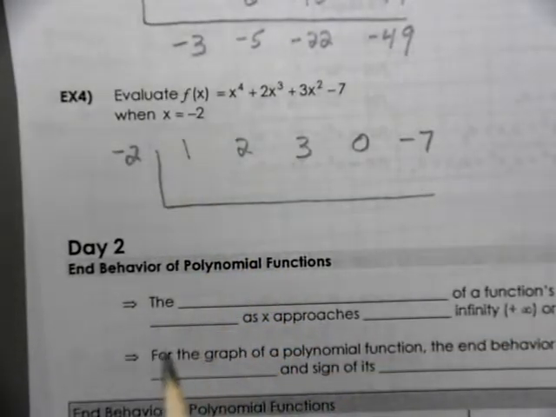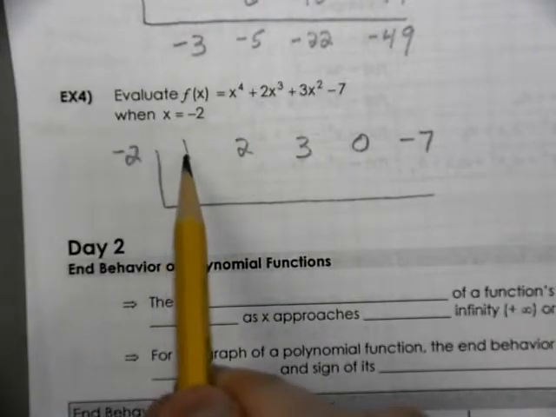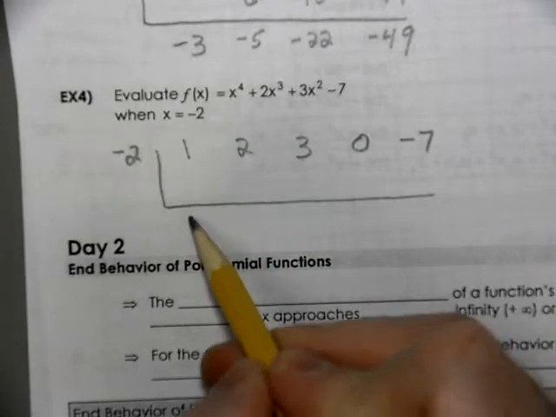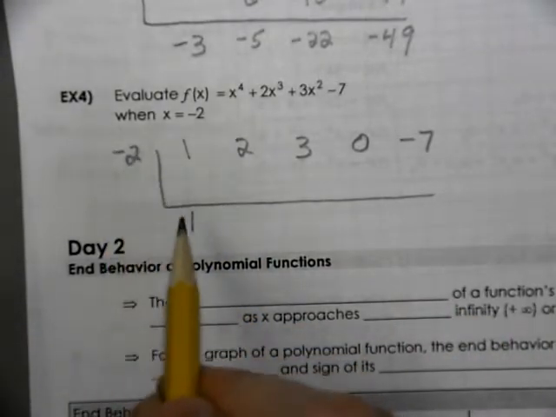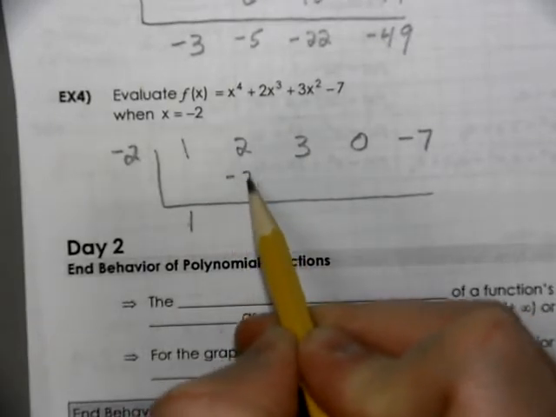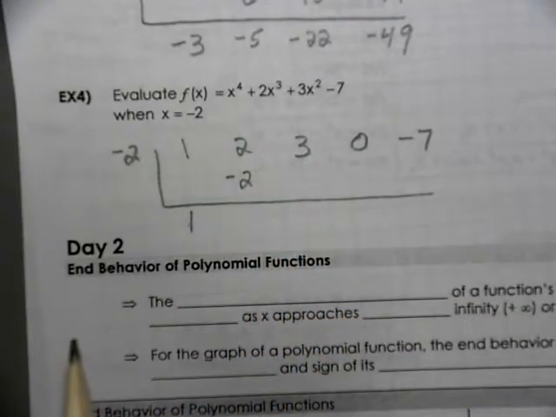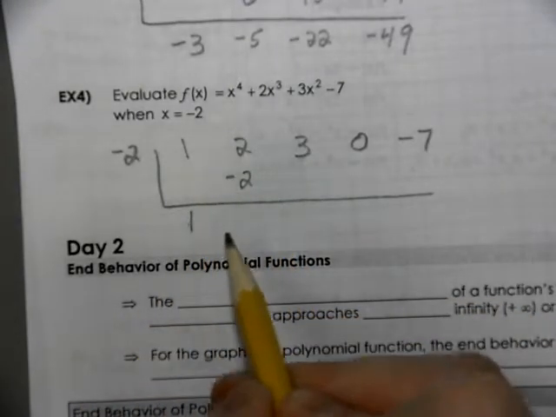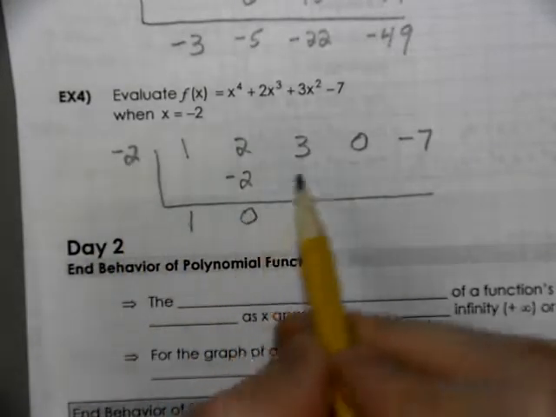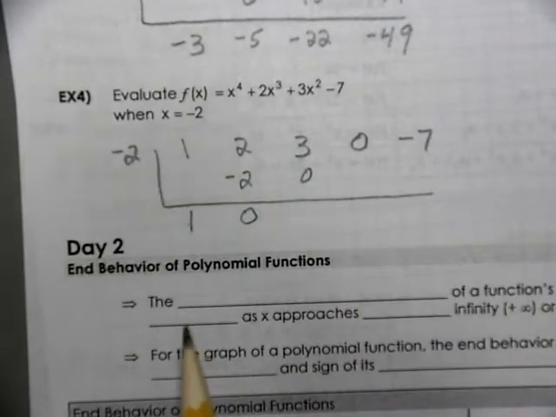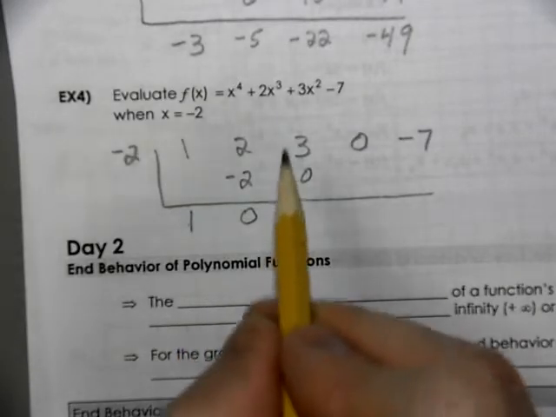So now what do we do? You take your 1, you bring it down. Negative 2 times 1. Add those two together. Negative 2 times 0. Add those two together.